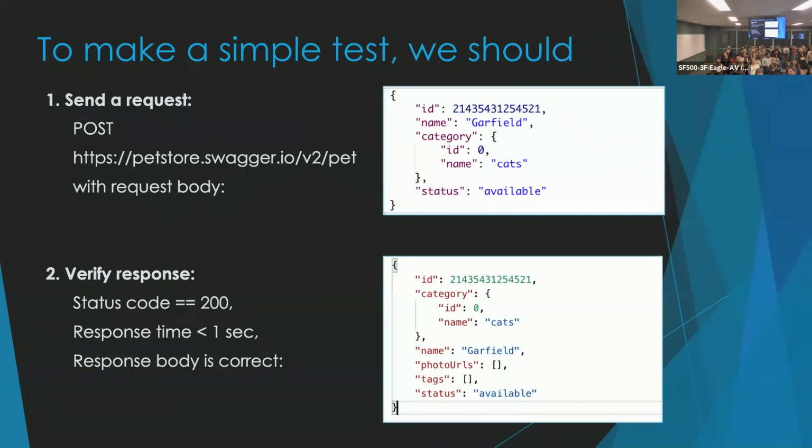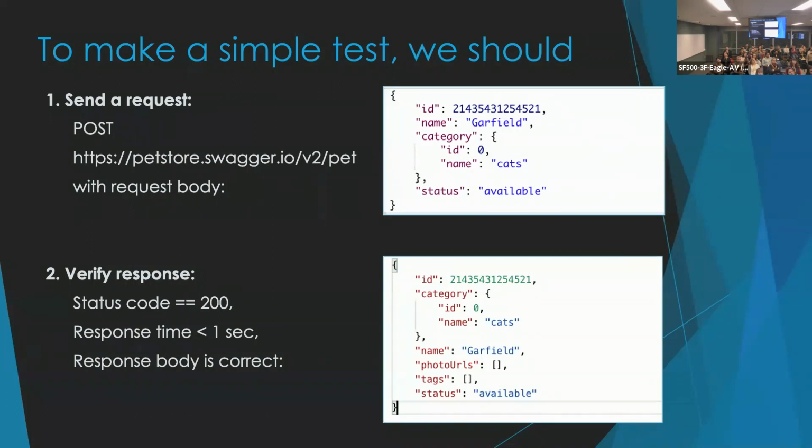And the very first example that I wanted to show is let's try to create one automated test case that will be sending a request. It's going to be a POST request sent to this particular endpoint, the pet store API, and we're going to send it with a certain body, which is this top block.